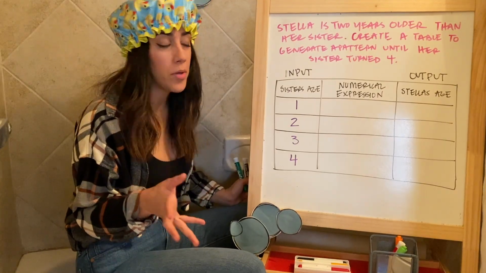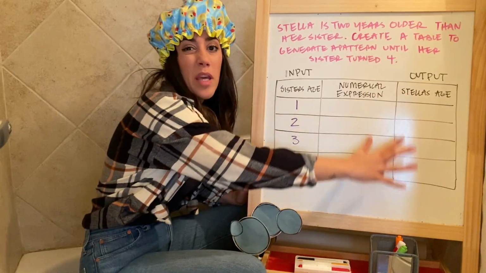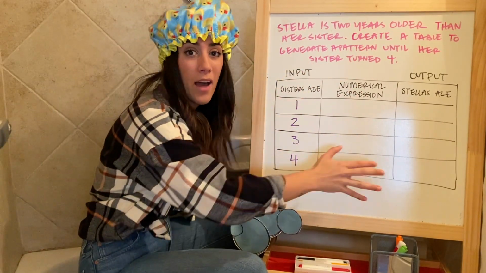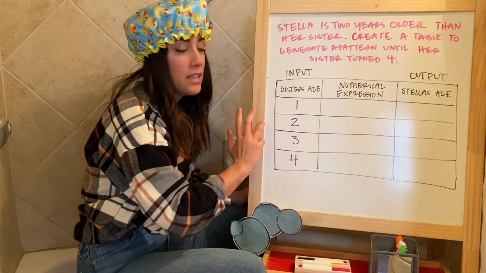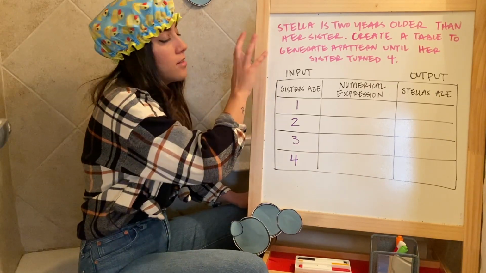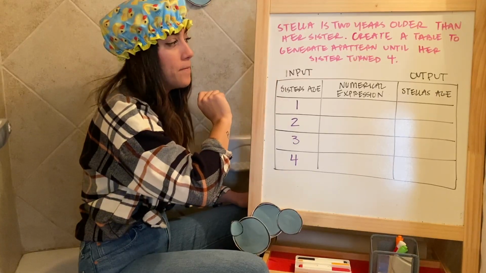Okay, here's an example of what the numerical expression would be. Let's say we don't know the output. The question might ask you to generate a pattern and to fill in this machine to get to a particular answer, right? So the example is Stella is 2 years older than her sister. Okay, so we're talking about Stella.